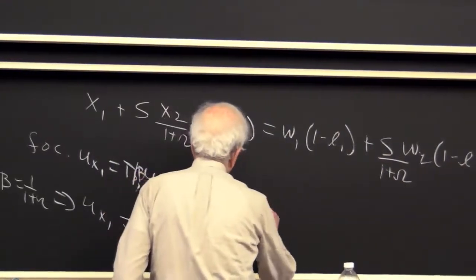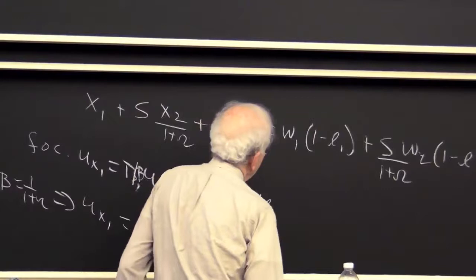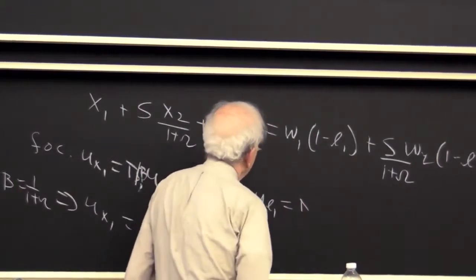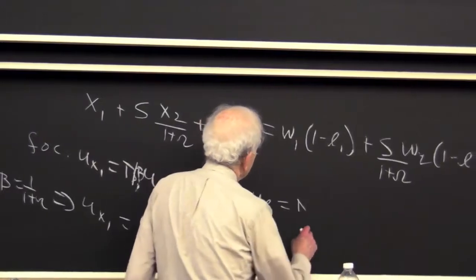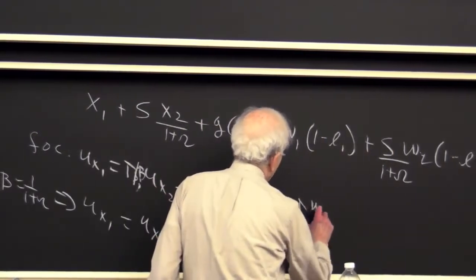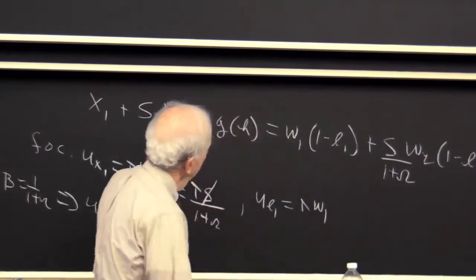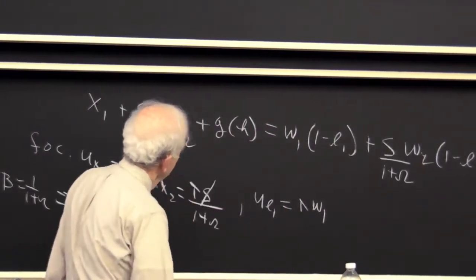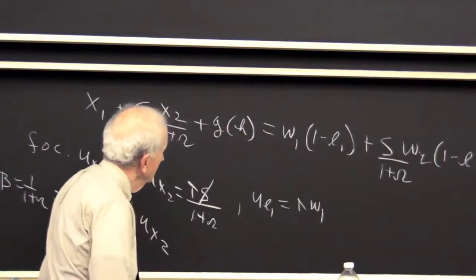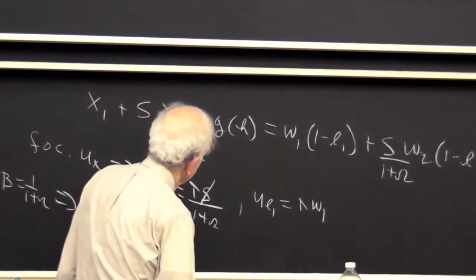So we would get UL1 is equal to lambda times W1, right? From this condition here. W1 L1 is the foregone earnings from leisure time.